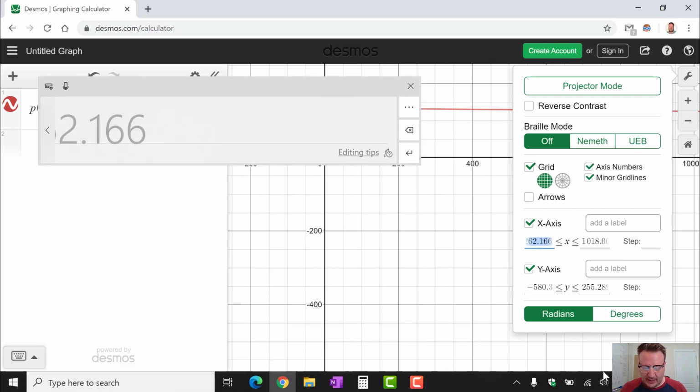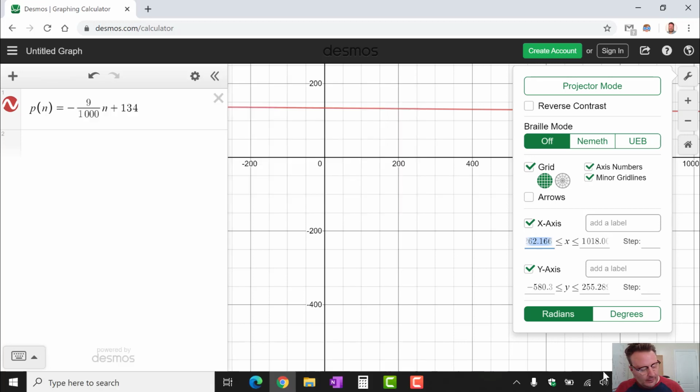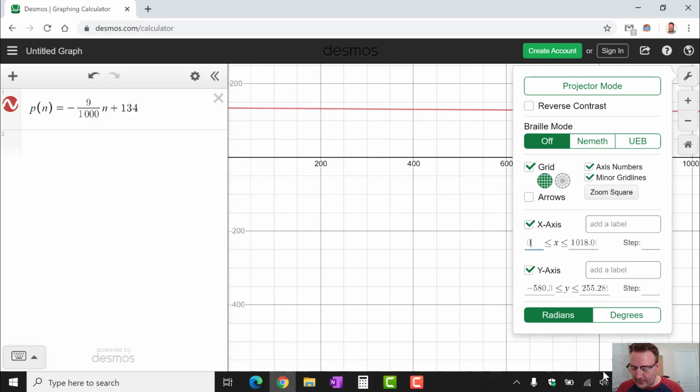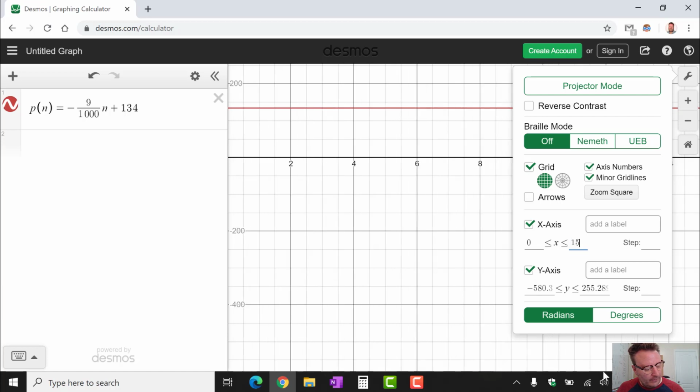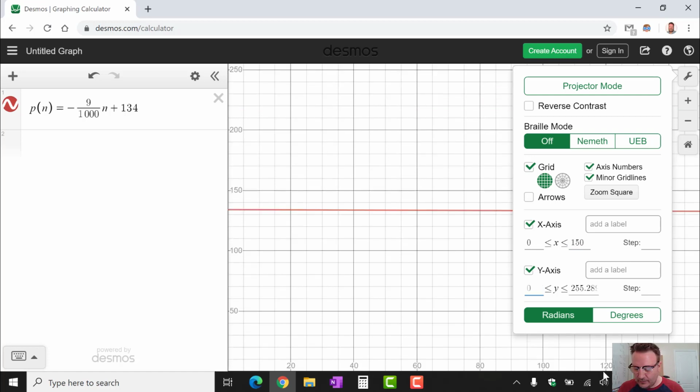Let's go from, say, an x value of 0 to maybe 150. And then let's go y 0 to, our outputs were in the range of 9,000, 10,000, so I think we should probably go to at least 10,000.